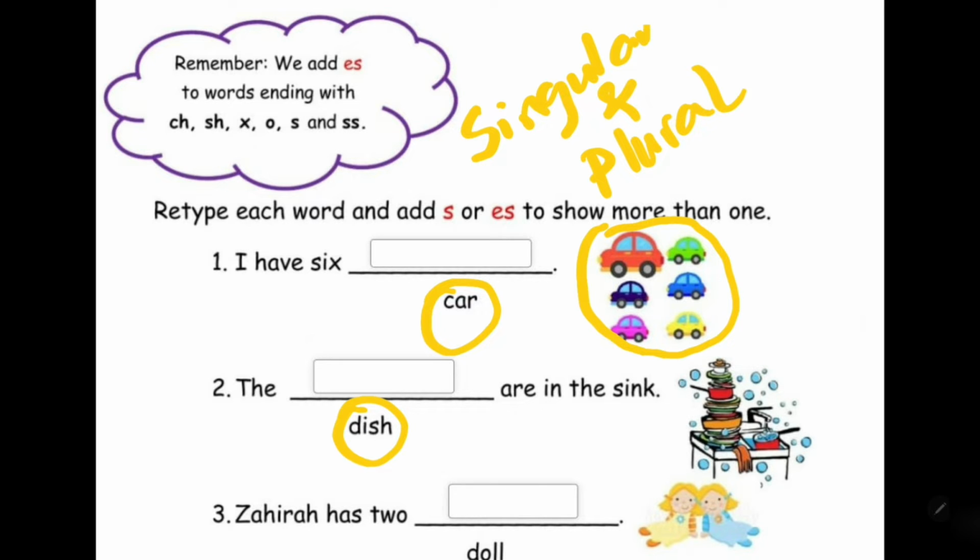When we change singular to plural, there are some rules. Here it's written, we add es to words ending with ch, sh, x, o, s and ss. So the words ending with ch, what are the words? Please tell me.